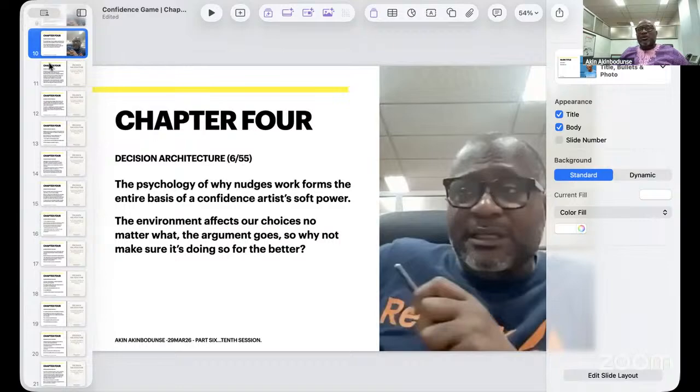The environment where we're making that choice affects our choice. I remember years ago, going to buy a trouser for myself in one of the shops on the mainland, Yaba. You know, my mom used to do most of those purchases. This is one of the few I did growing up. I entered into that shop. They have special lighting. They don't have natural lighting inside those shops.